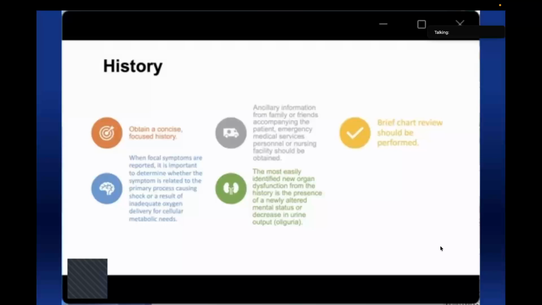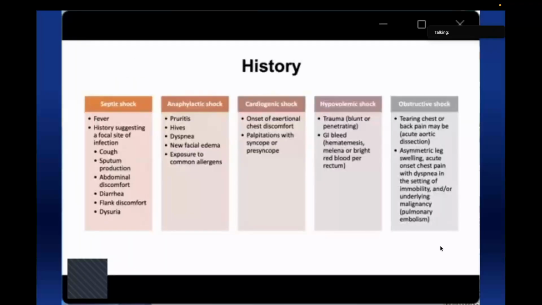So these are some of the questions you might want to ask your informant. And of course, chart the information that you've gathered. These are just common history that you might get from your informant.